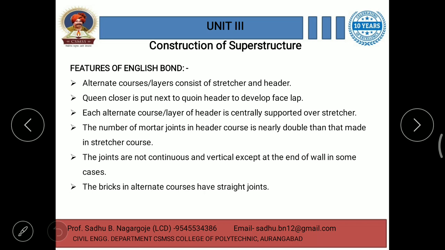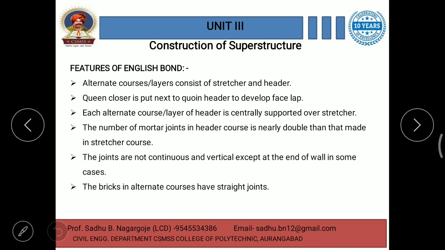Then third one is each alternate course or layer of header is centrally supported over stretcher. Okay, each alternate course or layer of the header is centrally supported over the stretcher. It automatically makes sense. Then the number of mortar joints in header course is nearly double than that made in stretcher course.